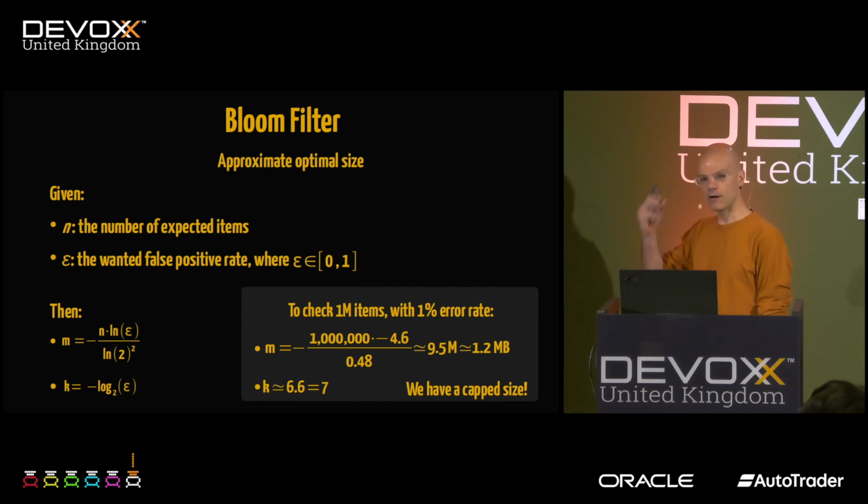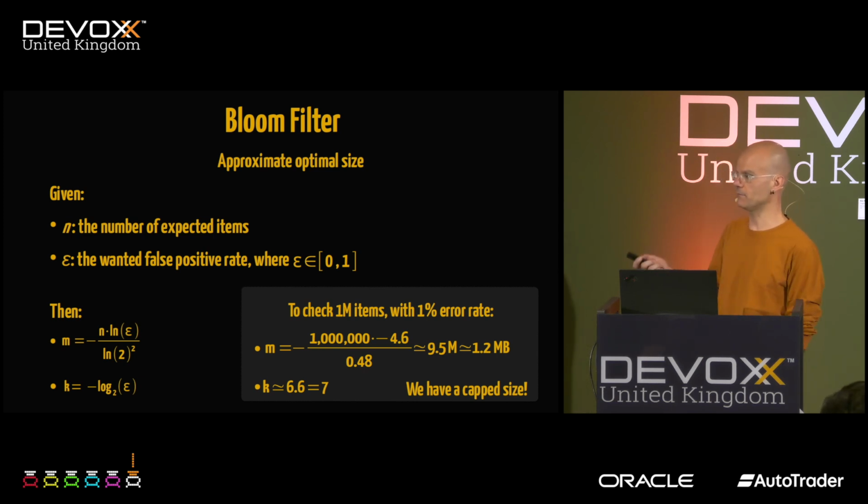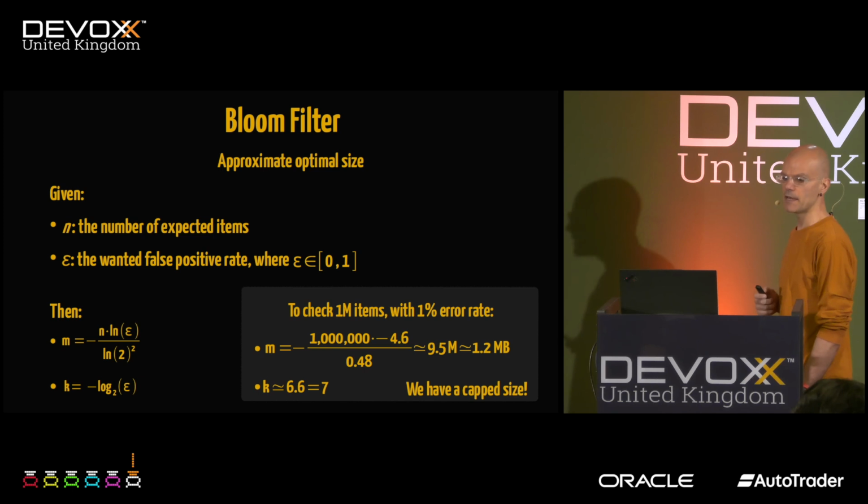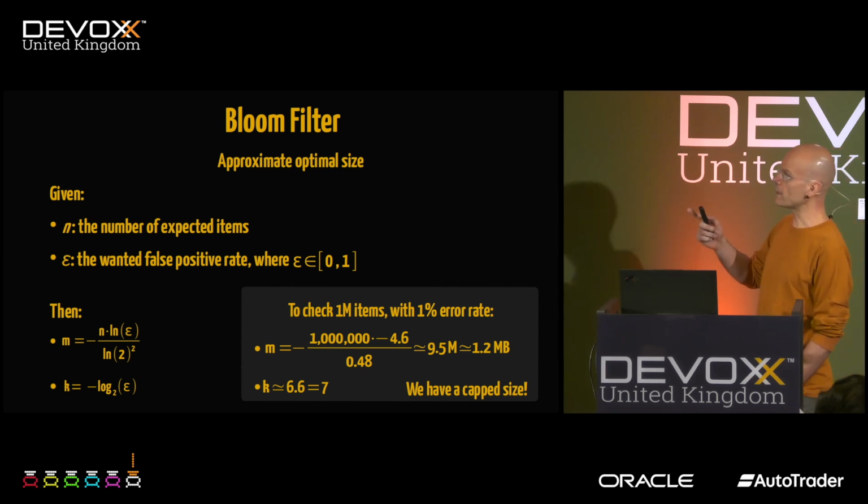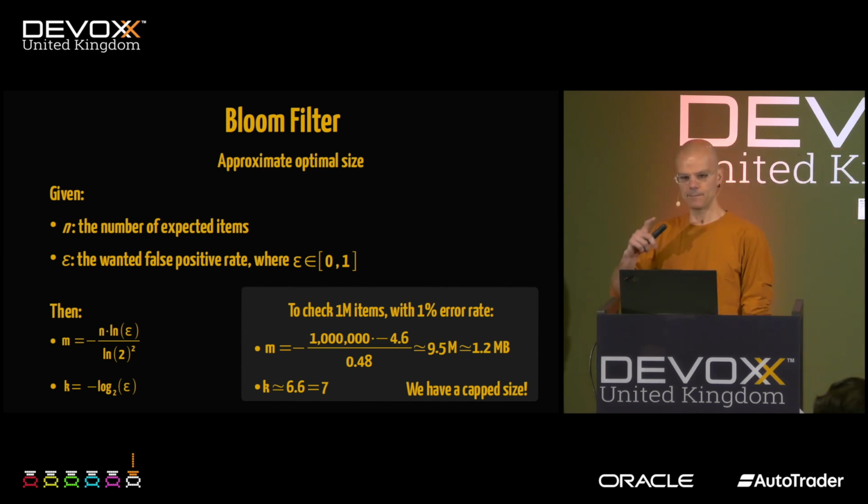So how do we deal with these errors? Well, they're not errors, but because we know that it can fail, how would we deal with that? We can approximate the optimal size for the bit set and the number of hash functions in order to meet our needs.